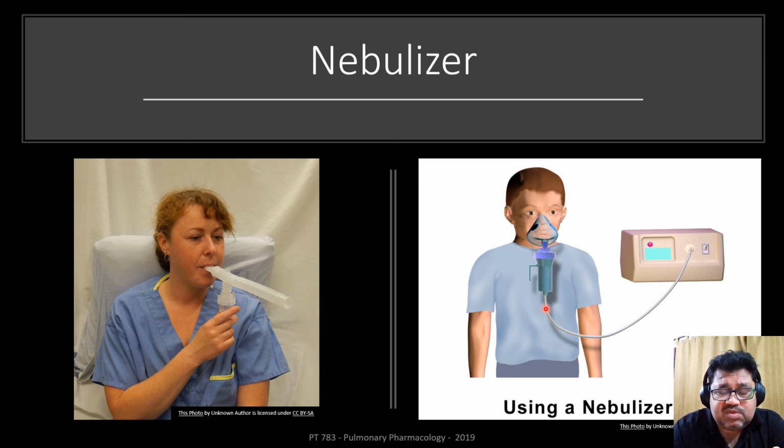And this compressed air passes through the jet and creates a low pressure above the drug which is in liquid form. When the low pressure is created, the liquid rises up and hits a baffle that splits it into a very fine mist.